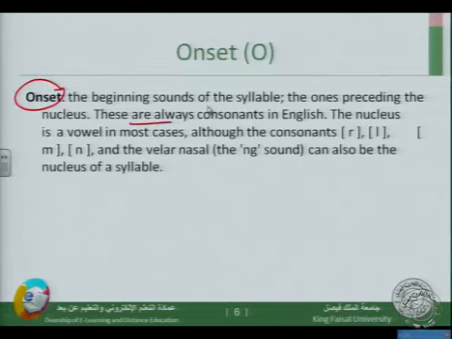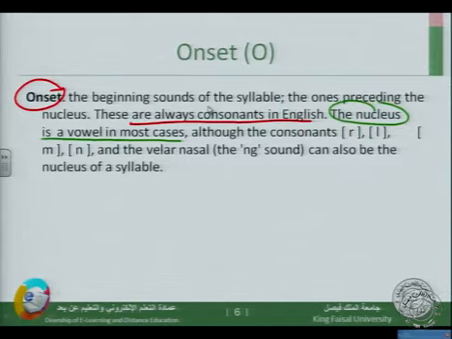So, the onsets are always consonants in English. However, the nucleus right here is a vowel in most cases, although consonants like R and L and M and N and the velar nasal ing, this sound, can also be the nucleus of the syllable. Notice now, we are getting into more rules.